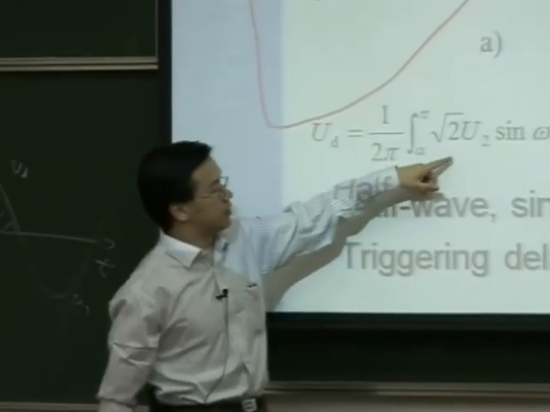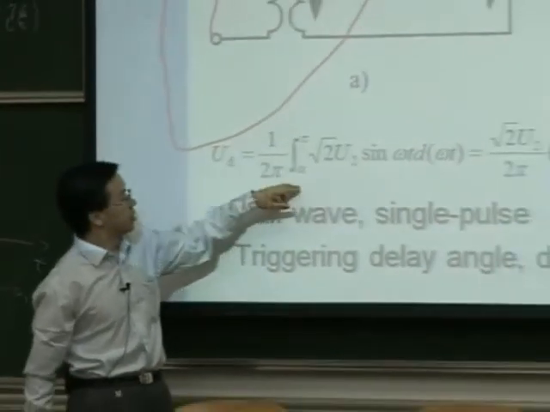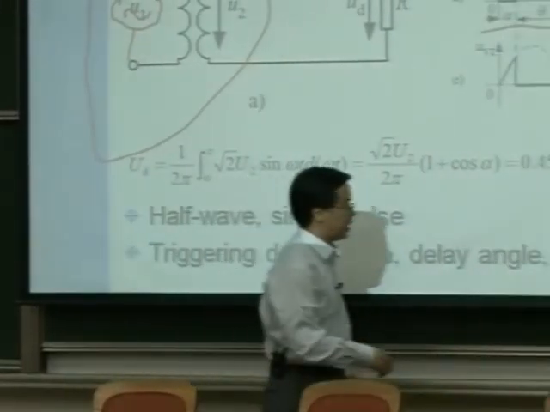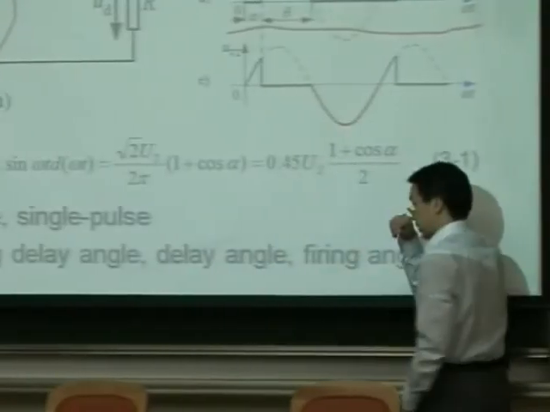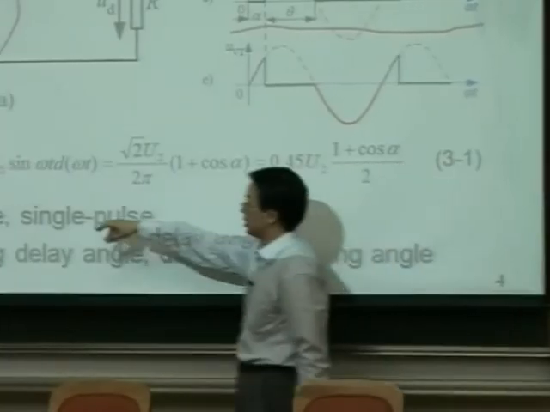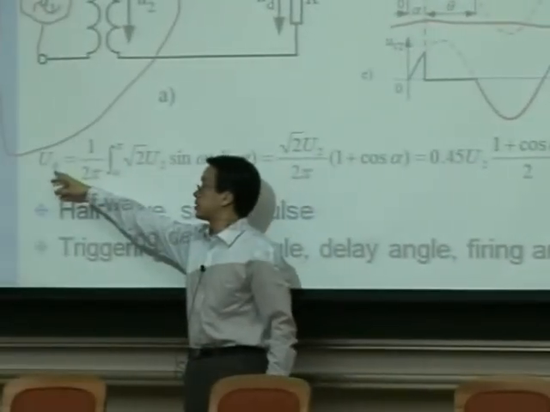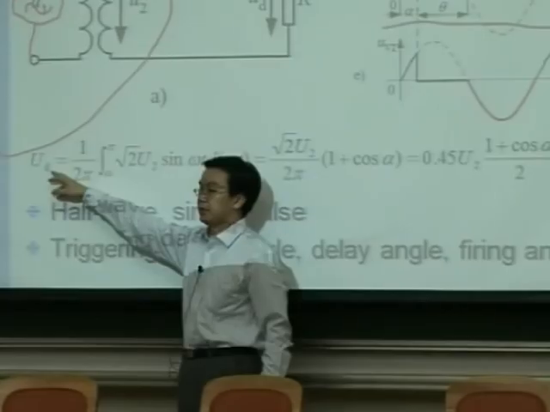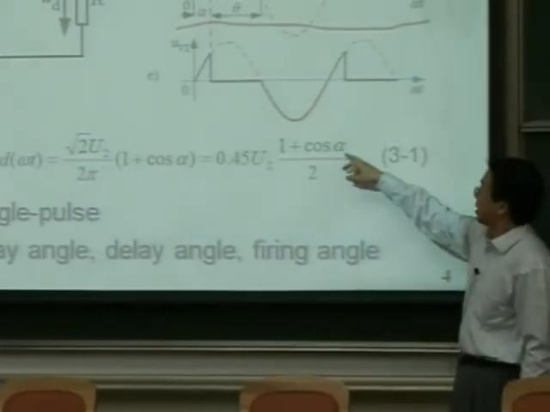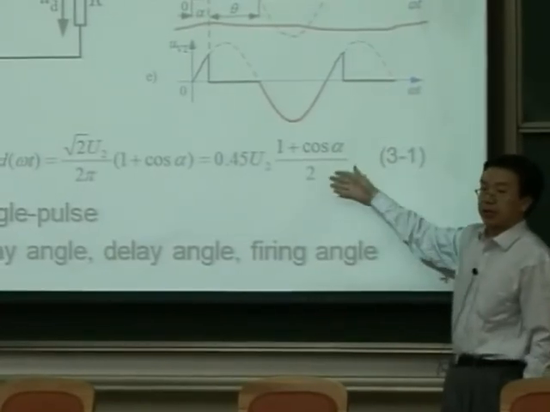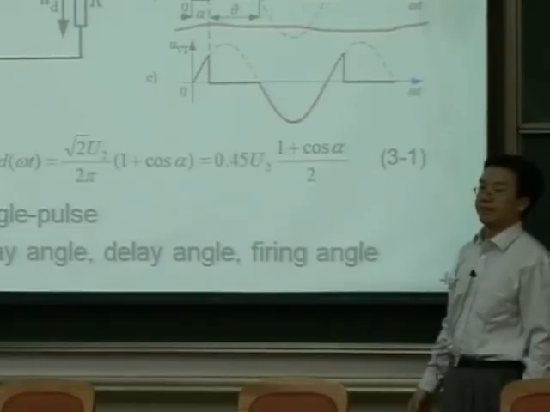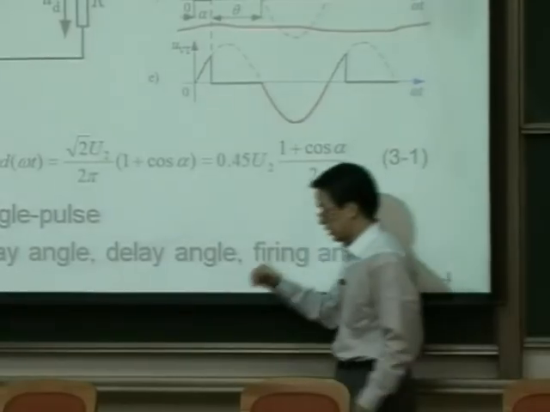You do an integral of the output voltage and divide it by the period, 2 pi, and then you get this final equation. The average output voltage, I'm using capitalized U sub D to represent the average value, is determined by alpha. So in that sense, this is called a controlled rectifier. By changing alpha, you can control the average value of the output.